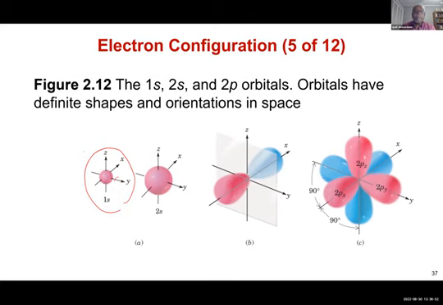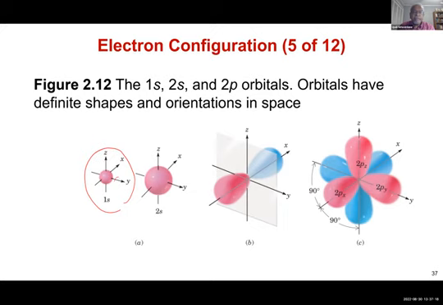Now the second one is a similar shape, but the first one is 1s and the second one is 2s. The only difference is that both shapes are similar. We call this the s shape of an electron.